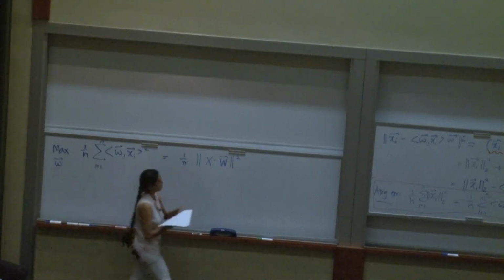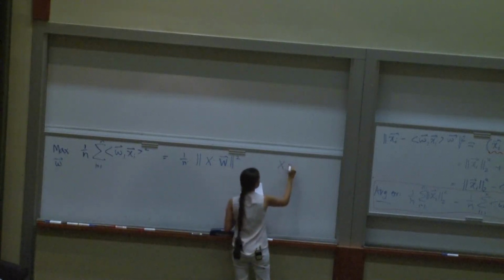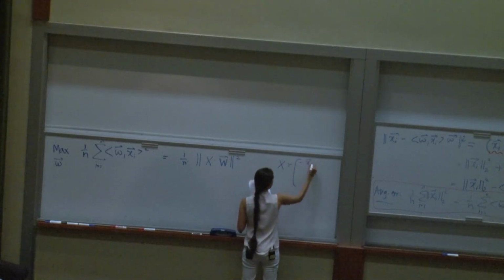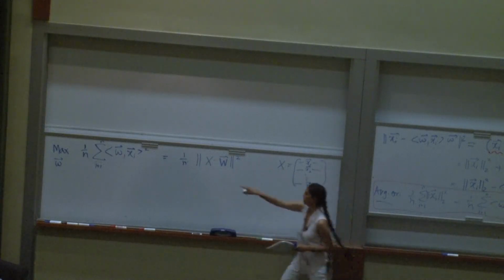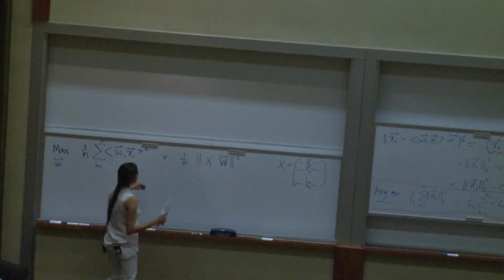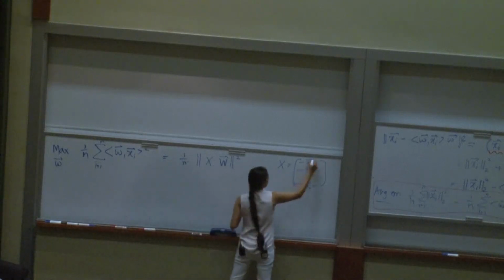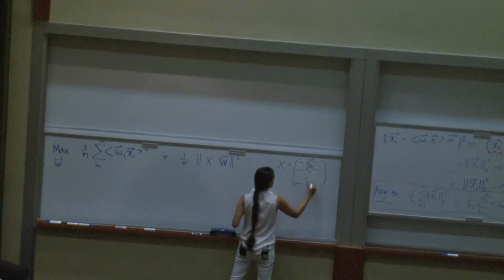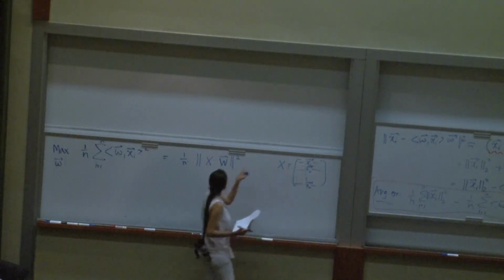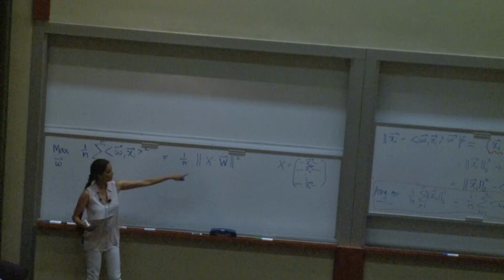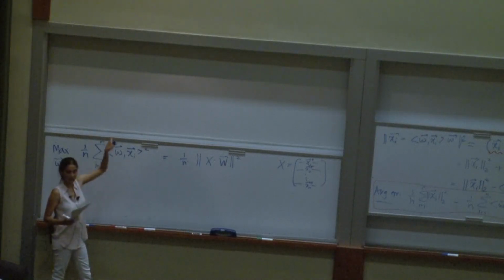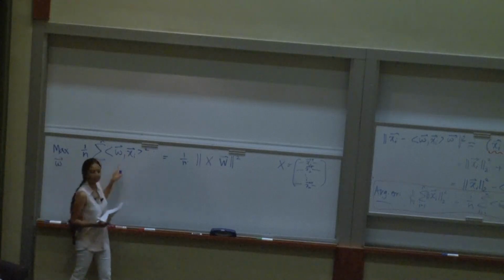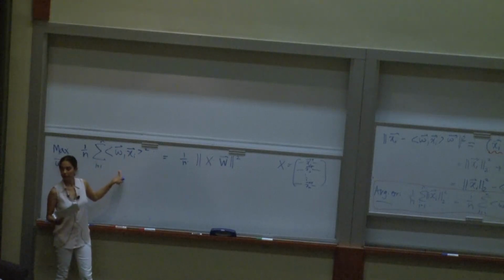Remember, my X is x1, x2, xn. Each of these inner products is with these transposes here. So x1 dot w is that first row times w, second row times w, right? If I take that vector and I take the norm, I get exactly this sum. Does everyone see that?